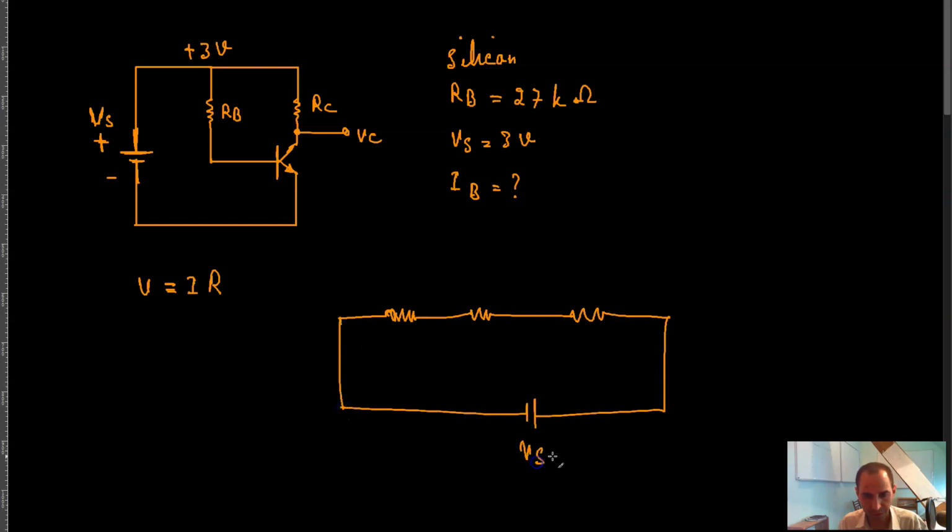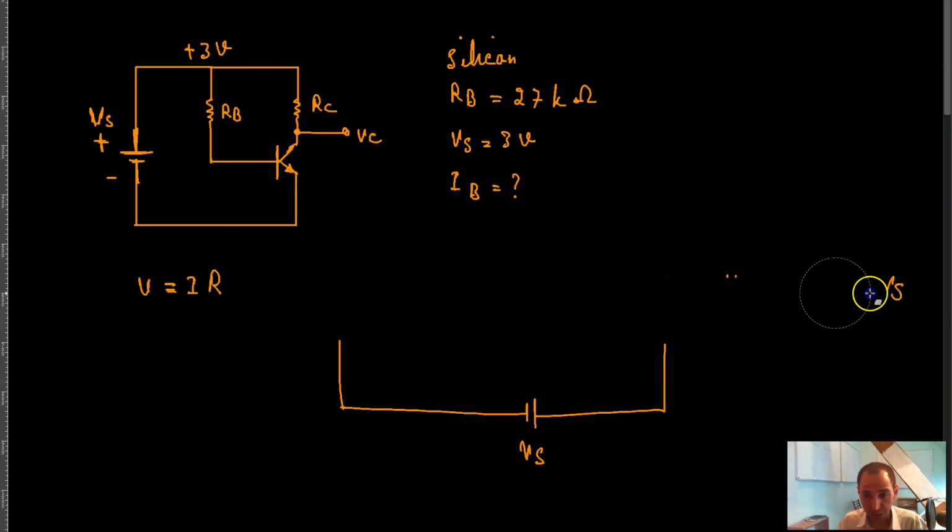If this is V of S, and V1, V2 and V3 are the voltage drops across the resistors, then V1 plus V2 plus V3 is equal to V of S, meaning that since these are connected in series, the voltage drops must add up to the supply voltage. And the same thing happens here.